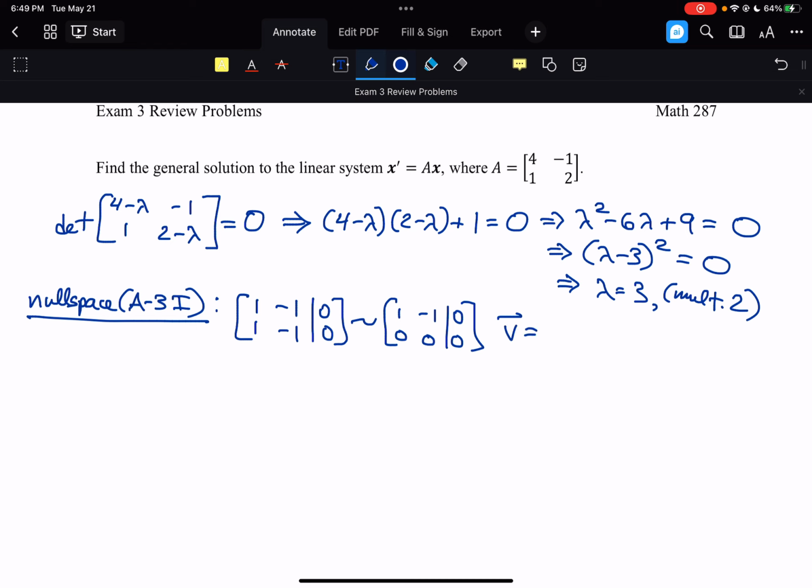So our eigenvector, we get the free variable here, we have the pivot here, so that's going to give us a 1, and then add that over, that gives us a 1 for the first component. So this will give us our first solution. So that gives us x1 of t is c1 e to the 3t times 1, 1.